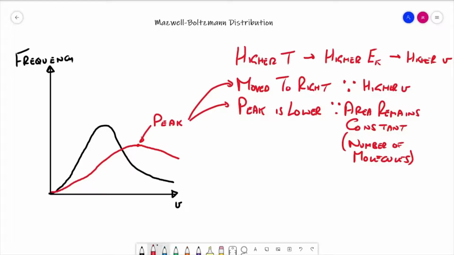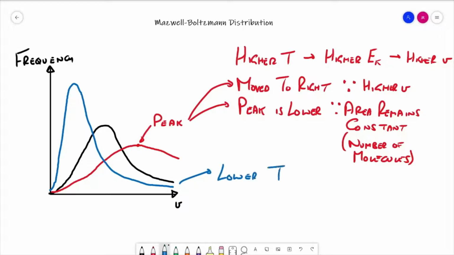Now, obviously, if we go the other way and we look at decreasing the temperature, what we're going to end up with is the exact opposite. We're going to end up with a higher peak and a peak that has moved to the left. So lower temperature would give us a lower kinetic energy, and that would give us lower molecular speeds.